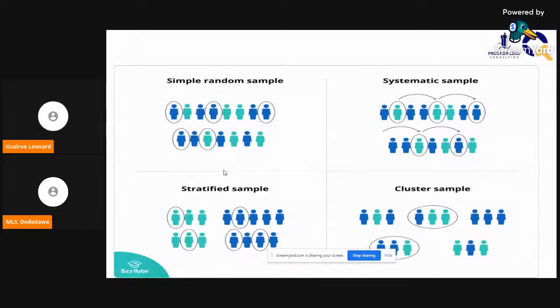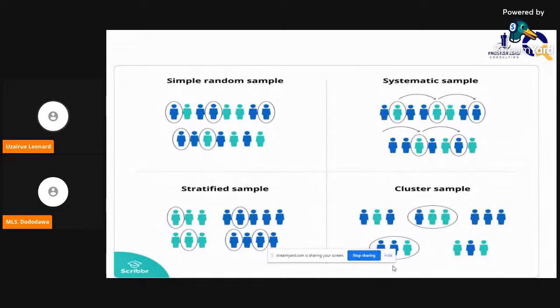You can see here, for example, this has blue, then this green, so these are different clusters. In this case, instead of sampling individuals from each subgroup, you randomly select an entire subgroup.